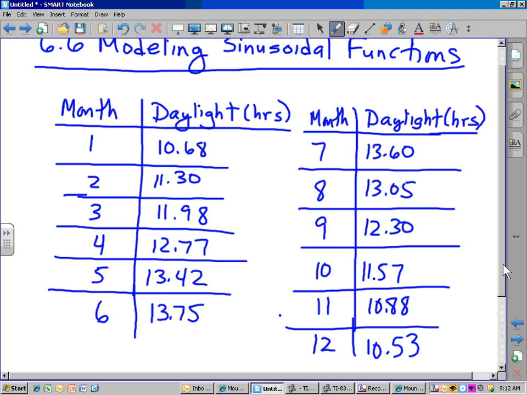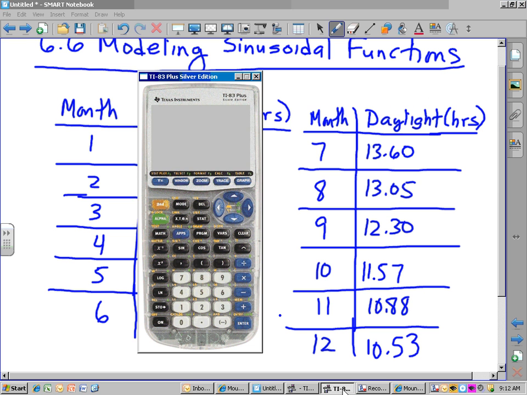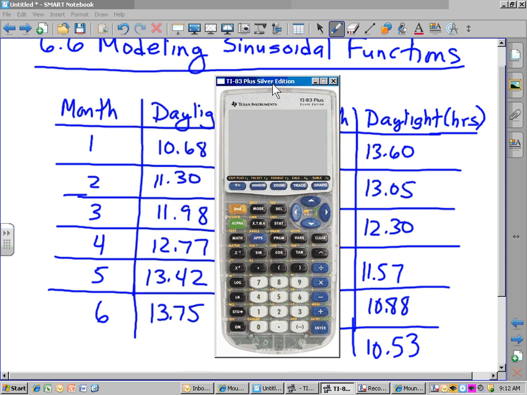And once you have this data copied down, what I like to do is put it into the calculator. So we're going to get our calculators out. In the calculator, we're going to go to Stat, then Edit.